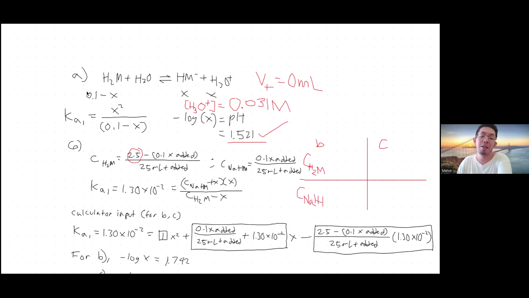Sodium hydrogen maleate. So at least I can see the values.